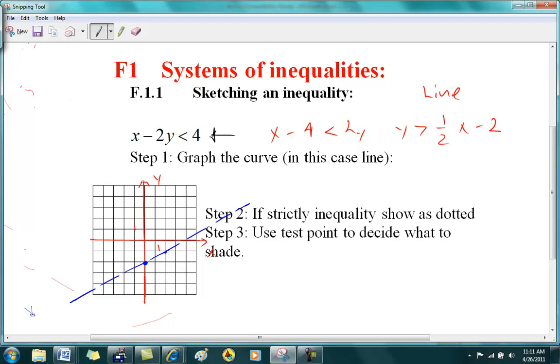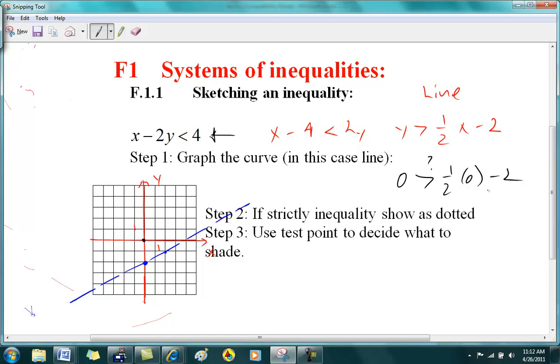Then it says use a test point to decide what to shade. A good test point to select would be 0, 0. That's this point here. What I mean by that is put it into this equation, and you get 0. Is it greater than 1/2 times 0 minus 2?